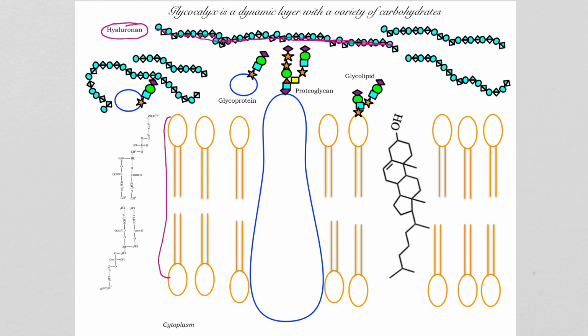And then you have carbohydrates that are attached to proteins. We call them glycoproteins. And then you have proteins that are attached to carbohydrates. We call them proteoglycans. And then you have all these different oligosaccharides, carbohydrates attached to lipids.